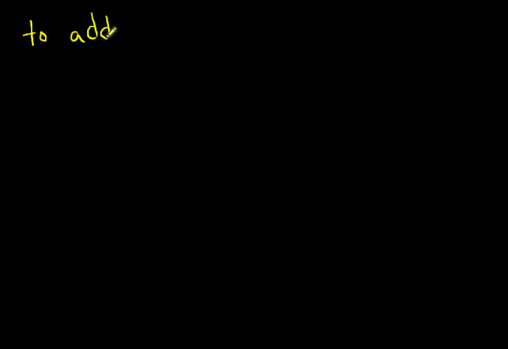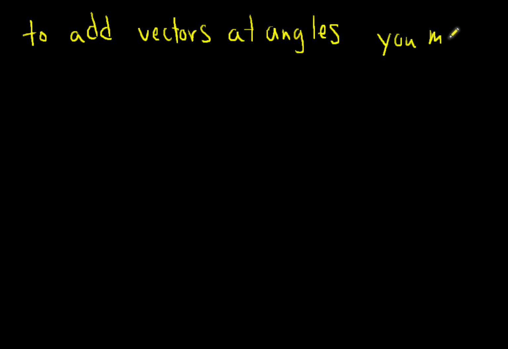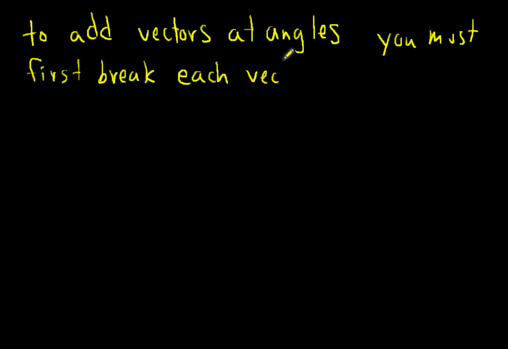Now, to add vectors together when they're at angles, to do it mathematically takes a few more steps, but it's done exactly the same way. To add these vectors at angles, you must first break down each vector into its component x and y vectors.